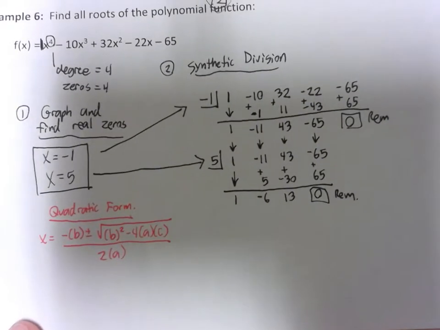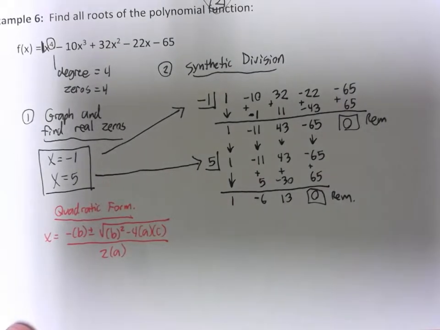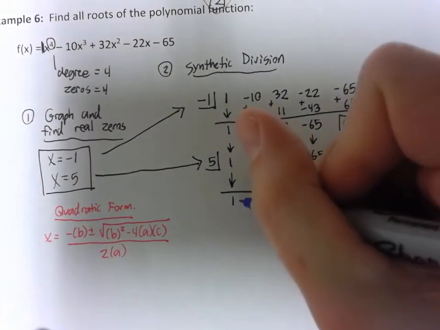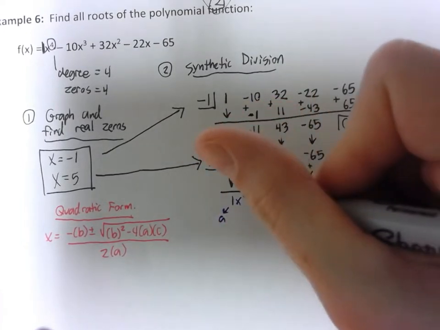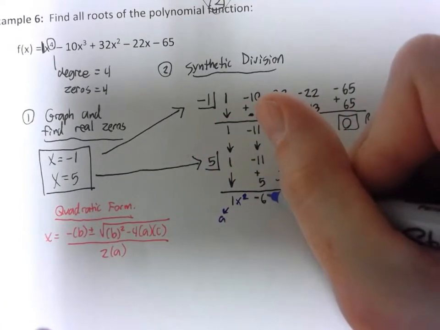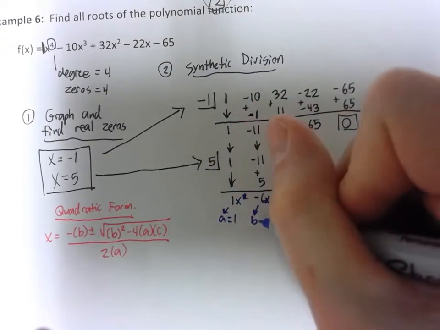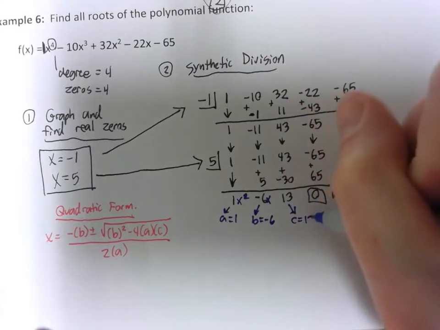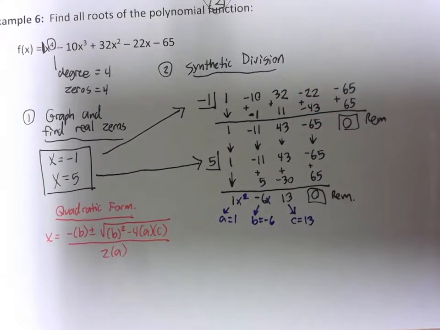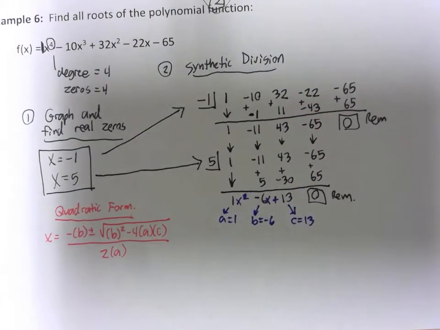So x equals the opposite of b plus or minus the square root b squared minus 4ac all over 2a. Remember that this is your a value. Negative 6 is your b. And c is 13. So let's plug it in.